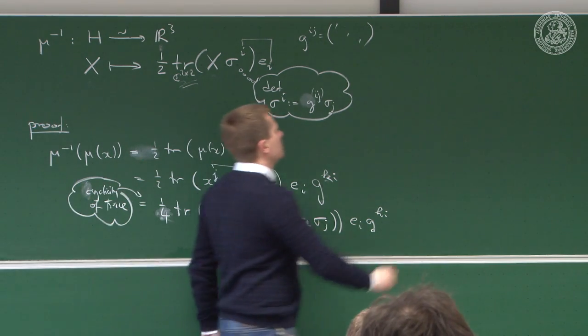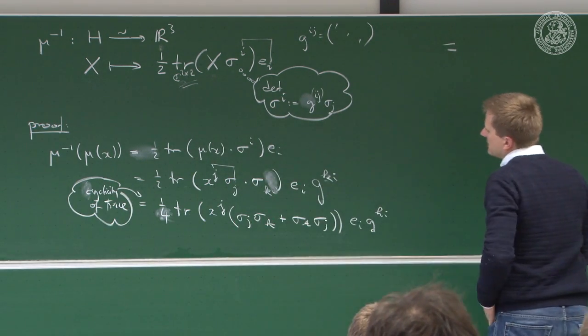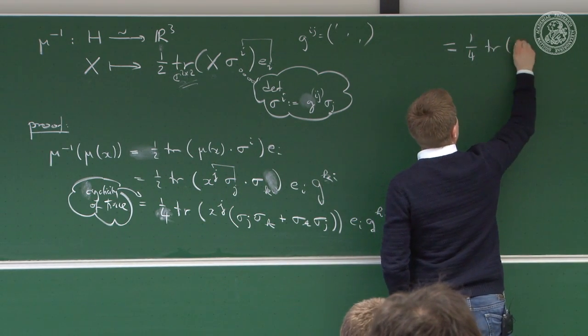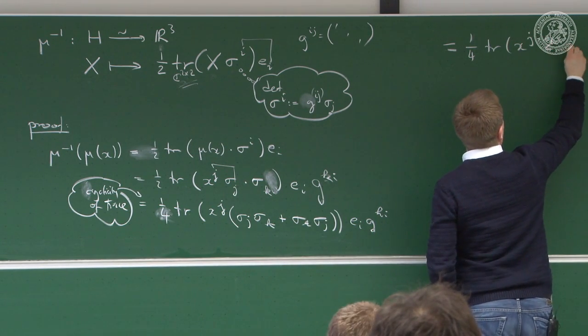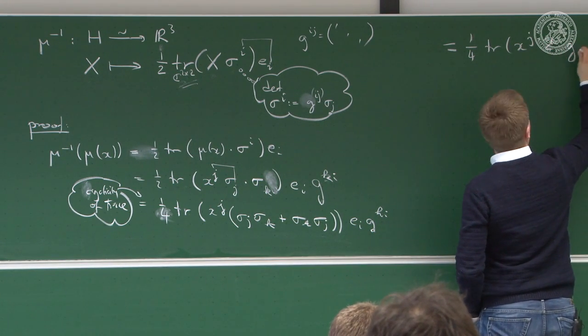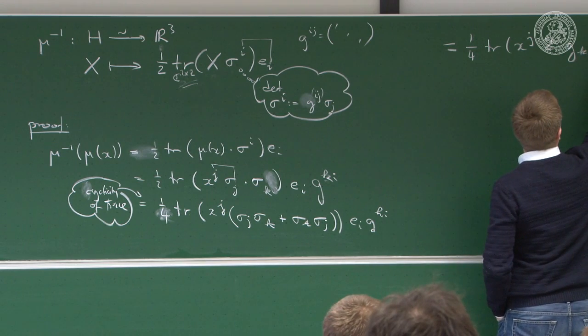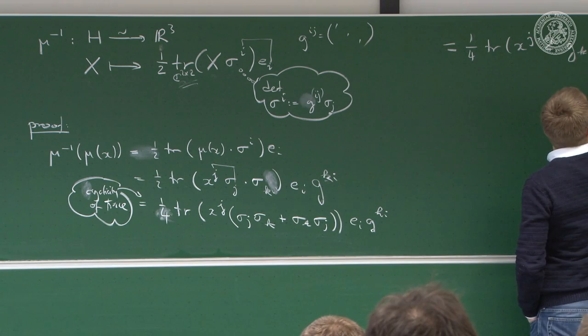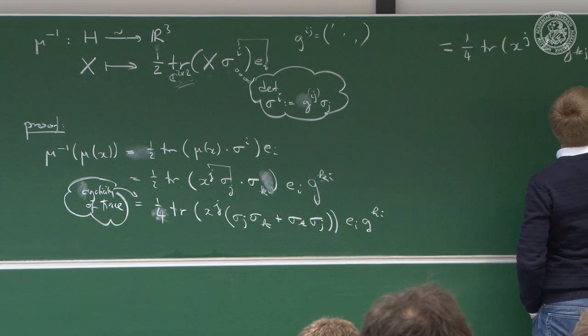And now we use the anticommutator: bracket is 1/4 trace x_j 2 times g_kj, bracket closes, e_i g_ki.